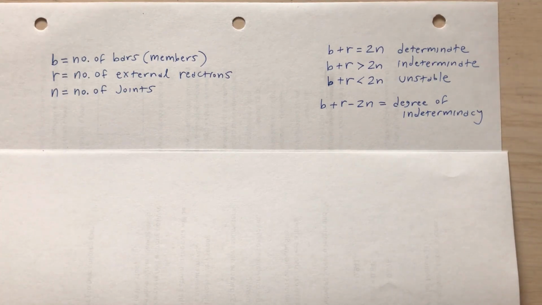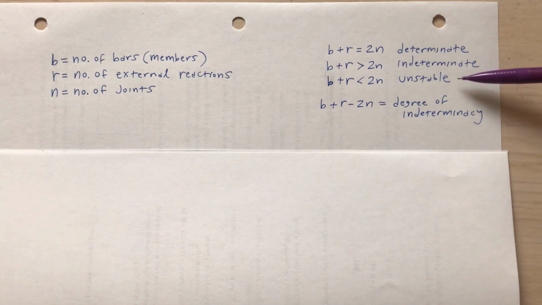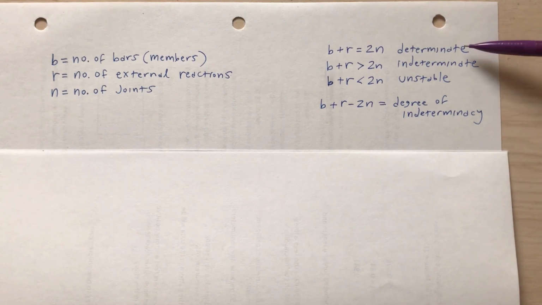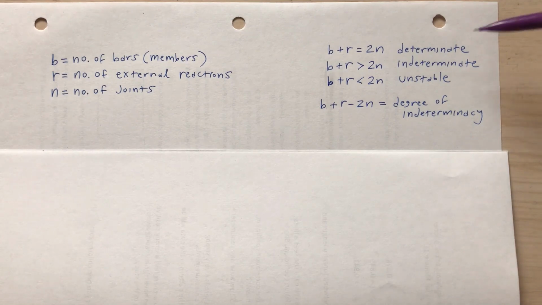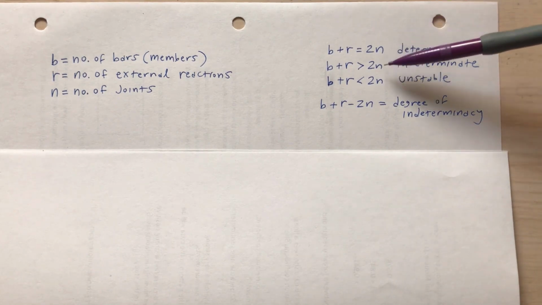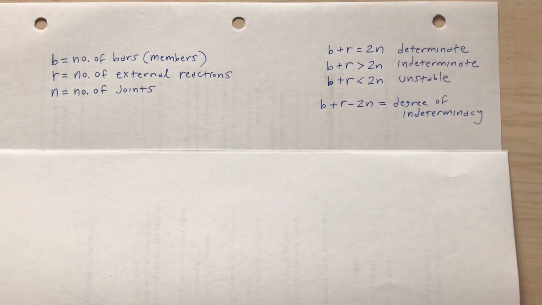So I know that if B plus R is less than 2N, then it's unstable. Being determinate or indeterminate, these are necessary for stability, but not sufficient for stability. So if it's stable, it will fulfill one of these two. But just because one of these two inequalities is satisfied, that doesn't necessarily mean that it's stable.